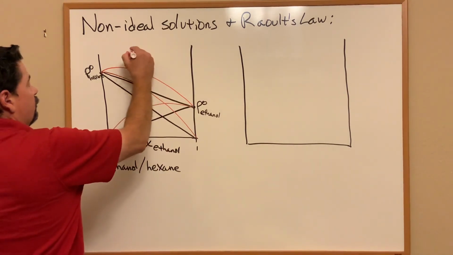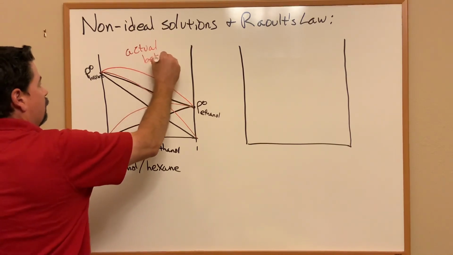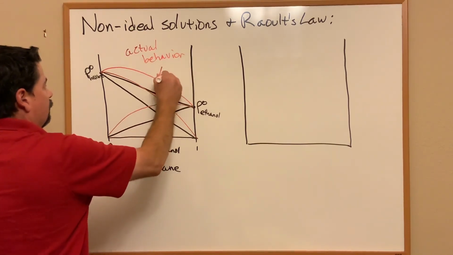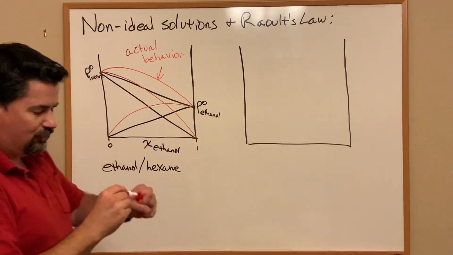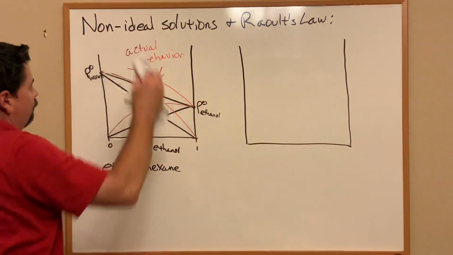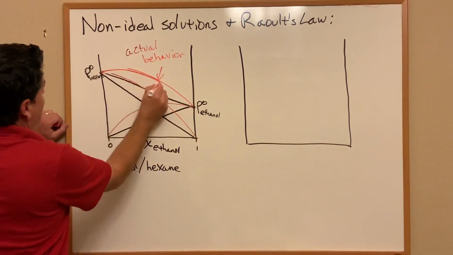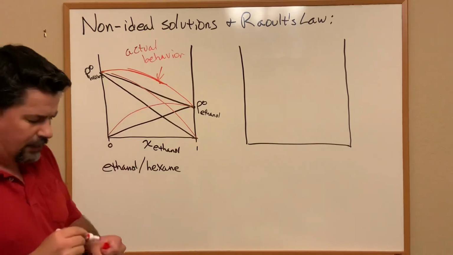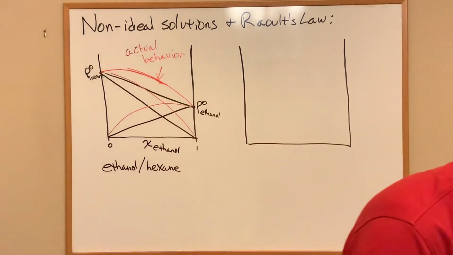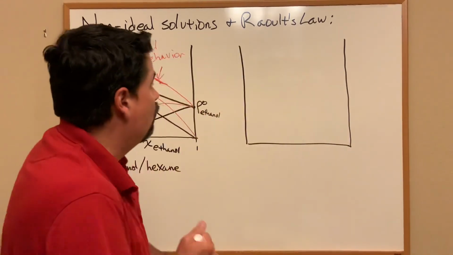So here's our actual behavior. And actually the actual behavior shouldn't curve up quite like that. It should be more kind of like that. But you can go ahead and look at probably a more accurate representation in figure 11.14.